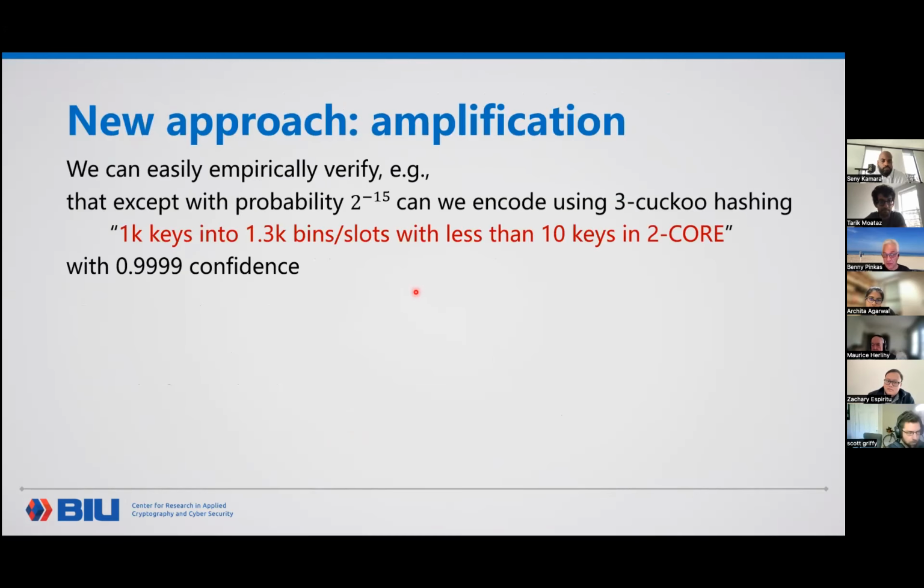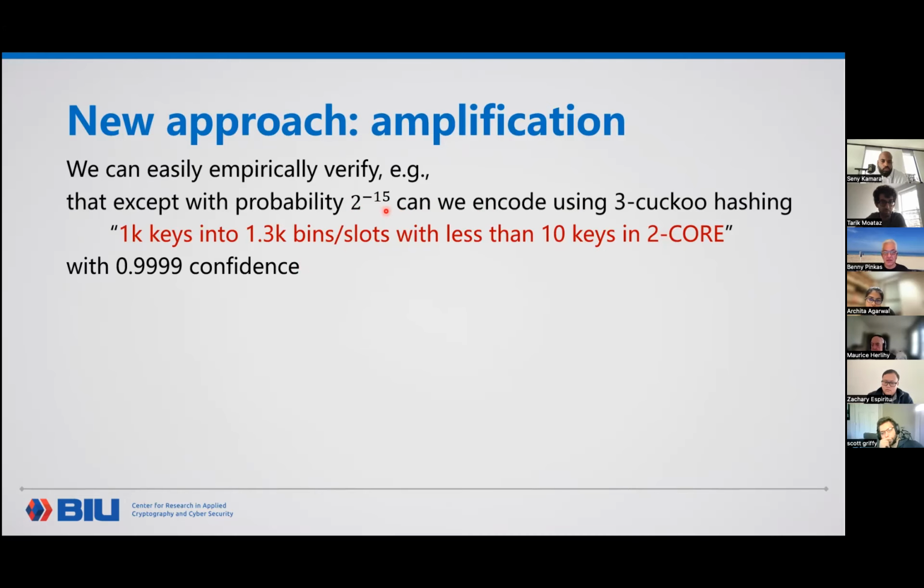So what we can verify is a claim about smaller tables. Okay, so what we can do is run an experiment to map 1,000 keys to 1,300 bins, and show that the probability of having more than 2 keys in the 2-core, in the last cycle, is smaller than 2 to the minus 15.